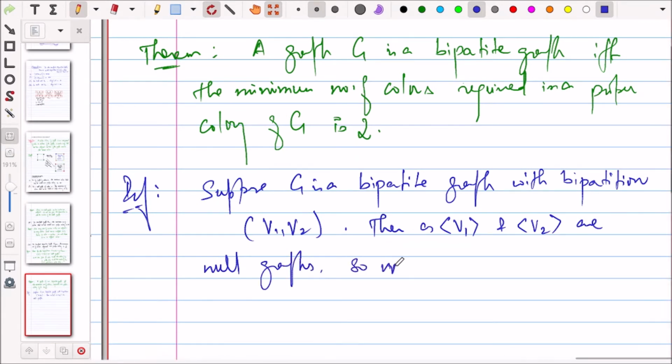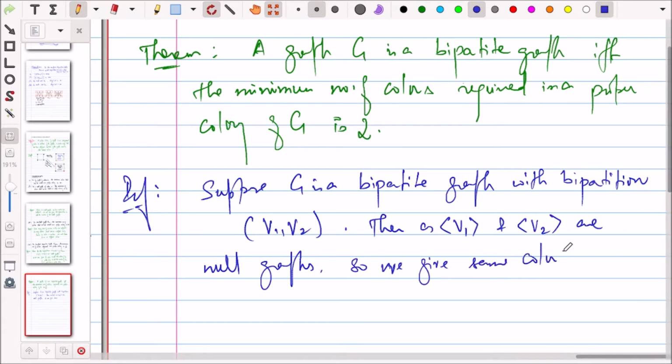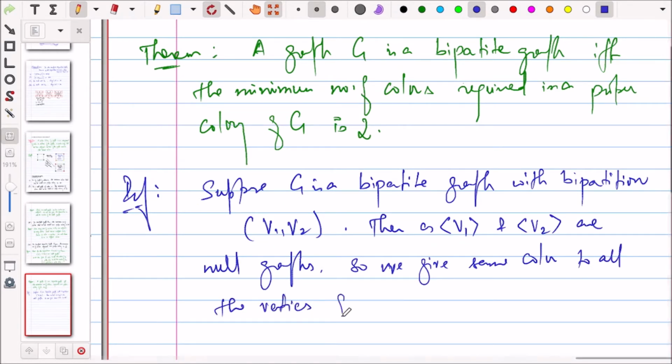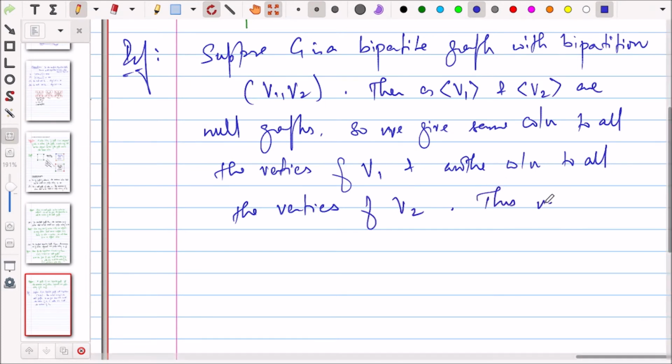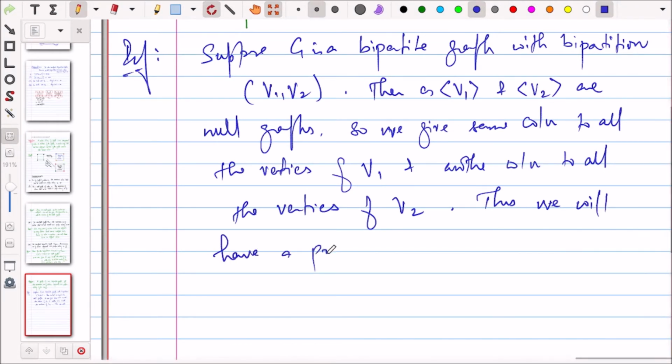So we can give the same color to all the vertices of V1 and another color to all the vertices of V2. Thus, we will have a proper coloring of G with two colors, right?